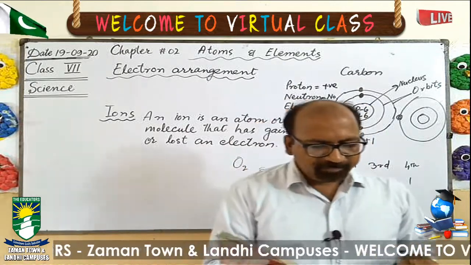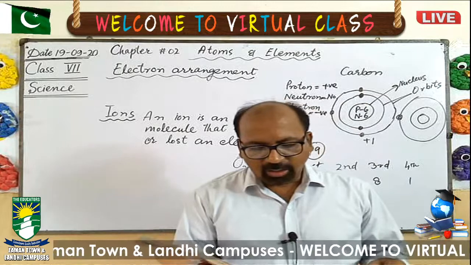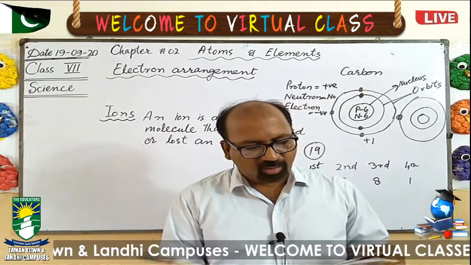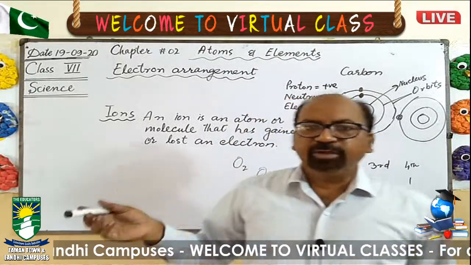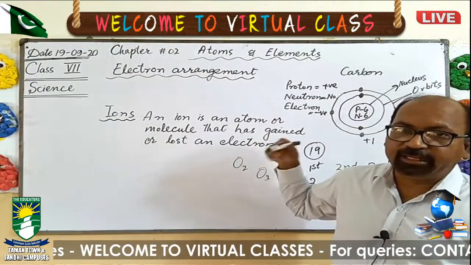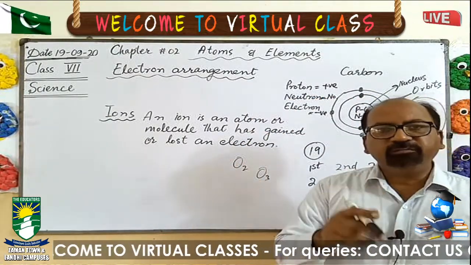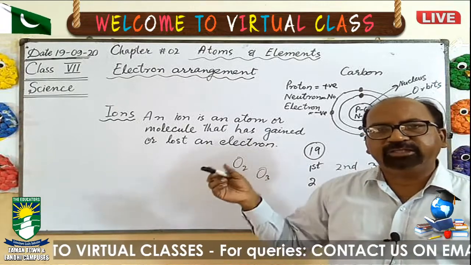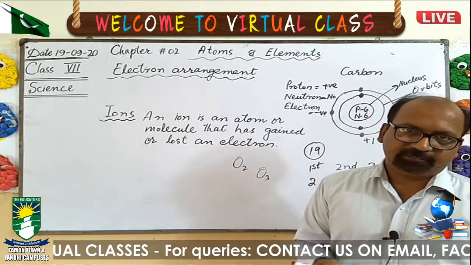The atom becomes either a positively or negatively charged particle called an ion. In this way, we can define the ion in another way: positively charged or negatively charged atoms are called ions.